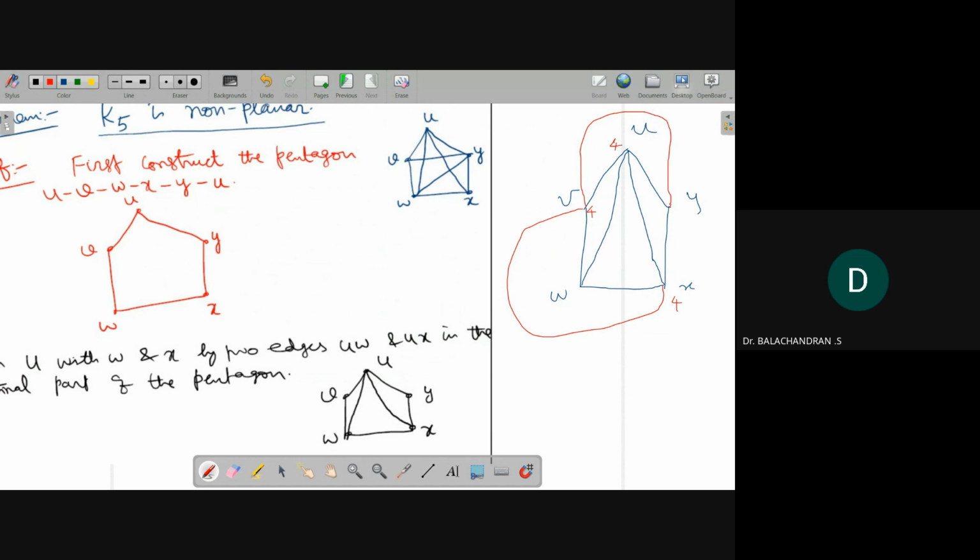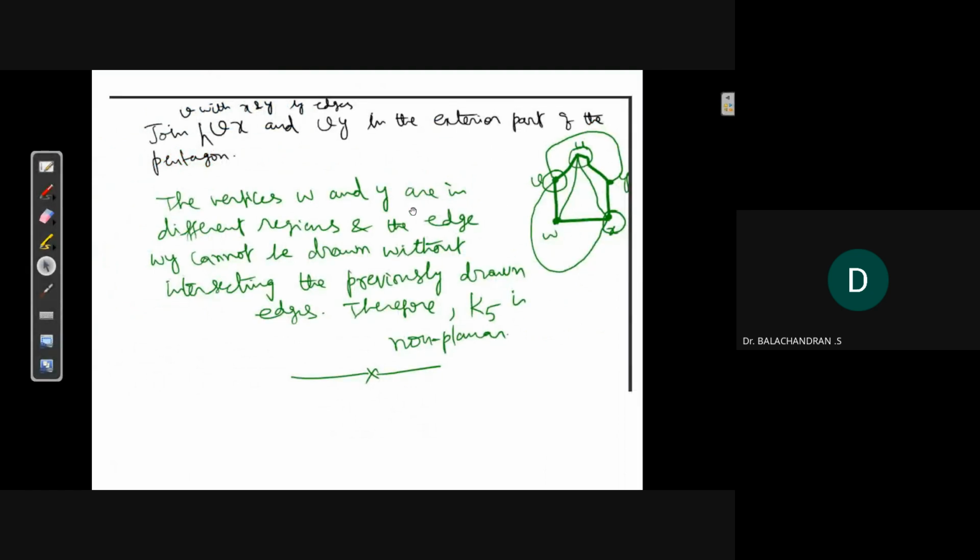That's why the vertices W and Y are in different regions, and the edge WY cannot be drawn without intersecting the previously drawn edges. Therefore, K5 is non-planar.